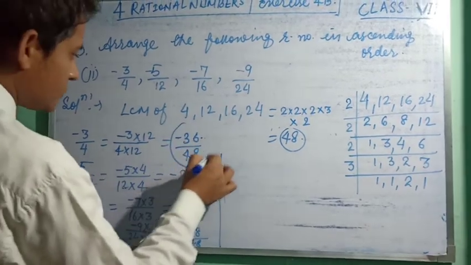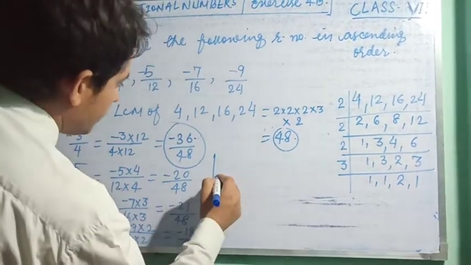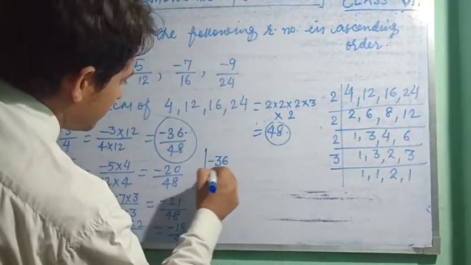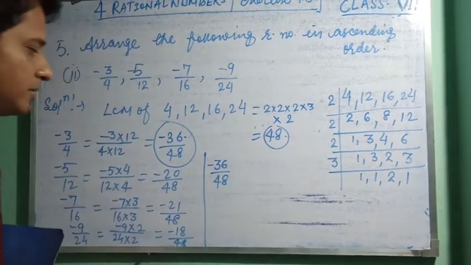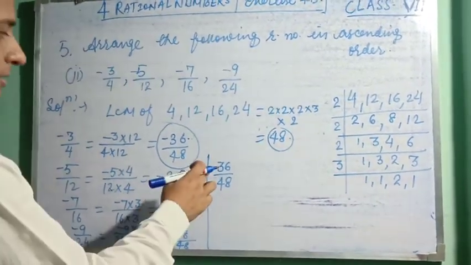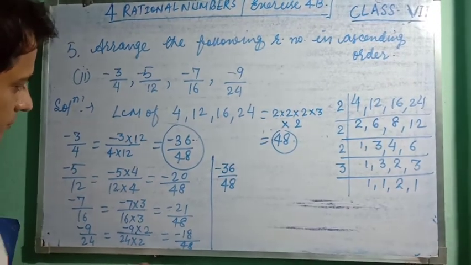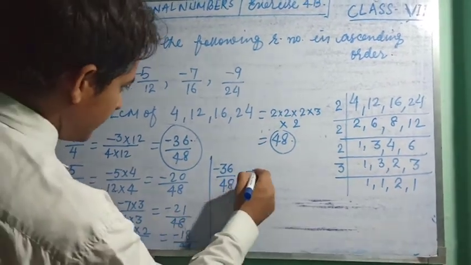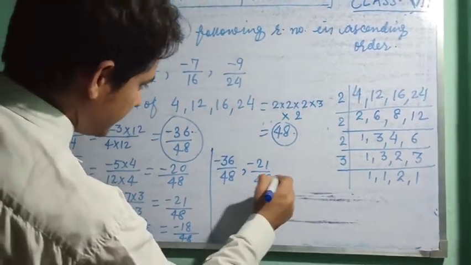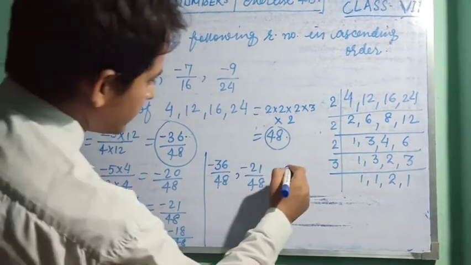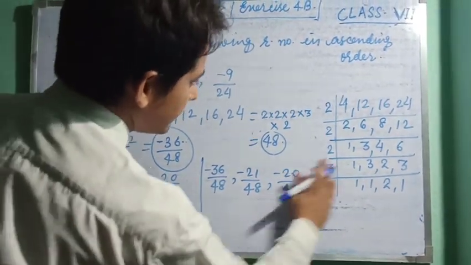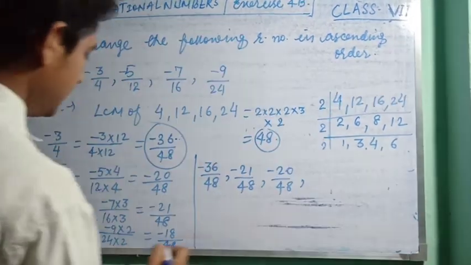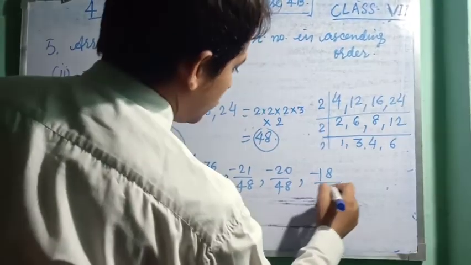So first minus 36 by 48. This is the smallest because this is 36 with a negative sign. Then minus 21 upon 48, then minus 20 by 48, then minus 18 by 48.